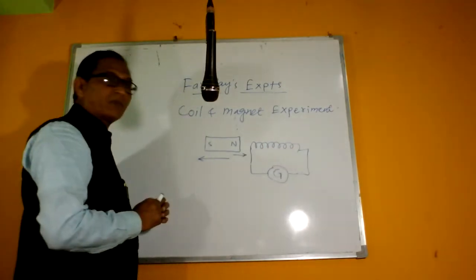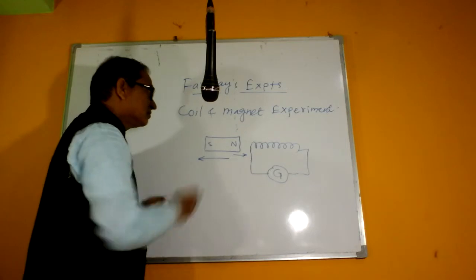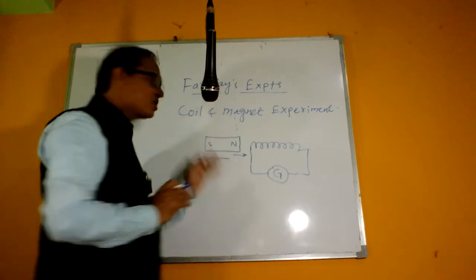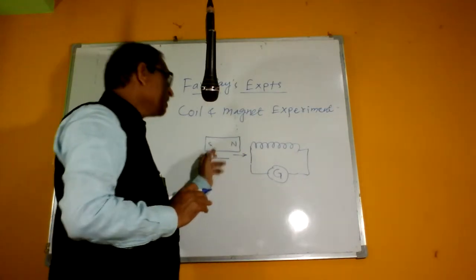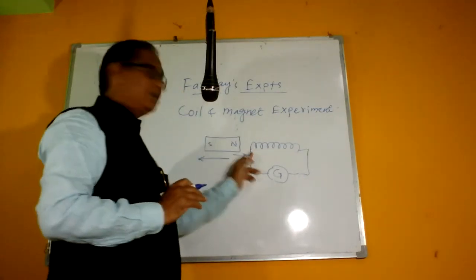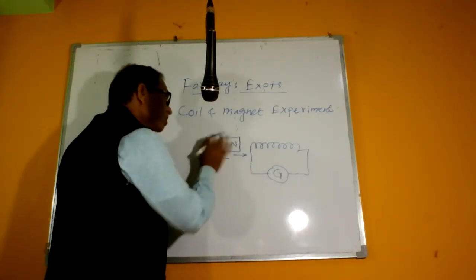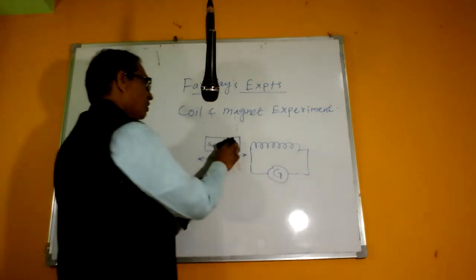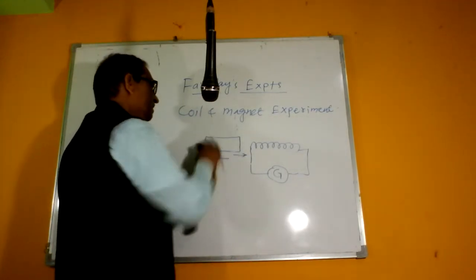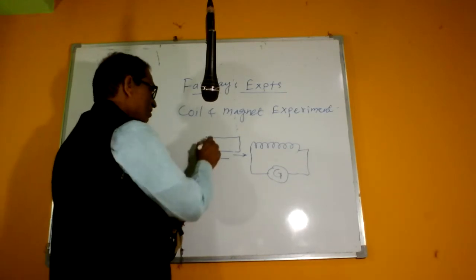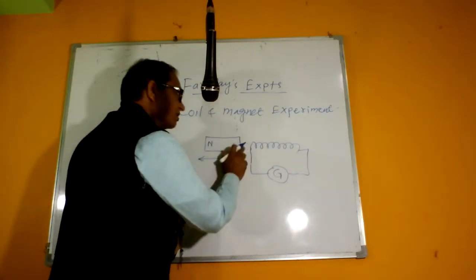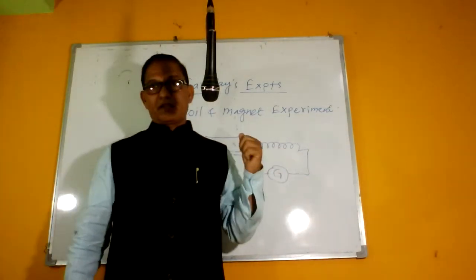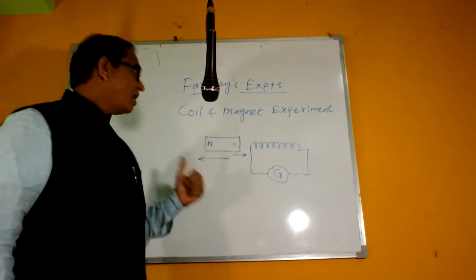Now we will find deflection to one side. On the other hand, if we bring this magnet near this coil with its south pole towards the coil instead of the north pole, so that the poles are interchanged, then again we will get deflection in the galvanometer, but in the opposite direction.